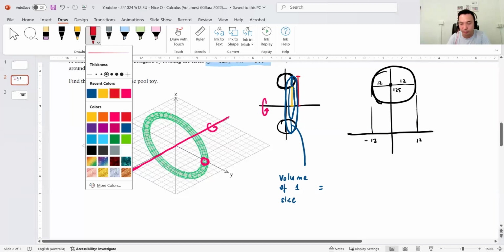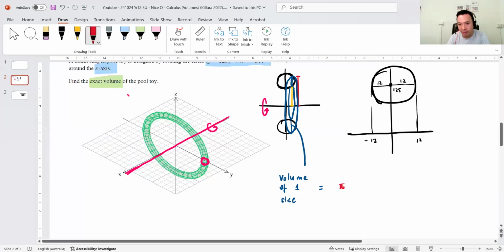So the volume of the red would be pi r squared on the red minus pi r squared on the yellow, right? Now, what is red r and what is yellow r? This is the key, right? So if you can sort of picture it.